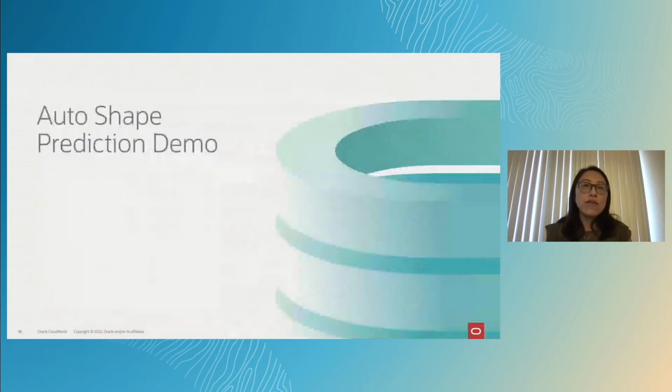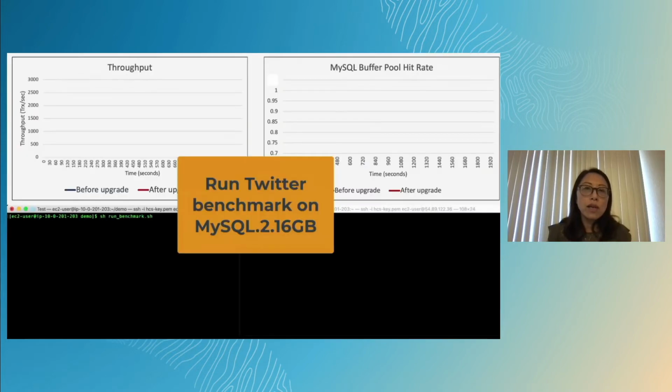So now I want to show you a demo of what I just described. We're going to use one of the benchmarks, Twitter, to show you this demo. We're going to run this Twitter benchmark on a 2 vCPU and 16 gigabyte instance.